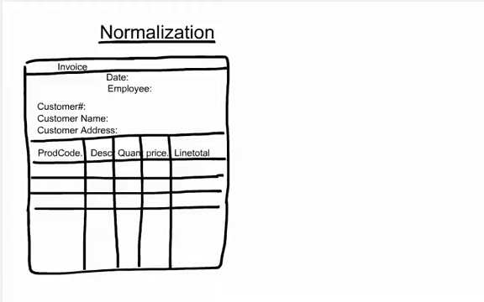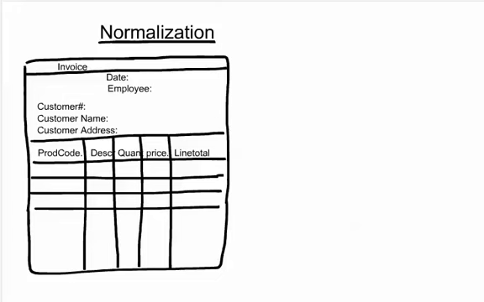So the first step of normalization is to look at either your source document or your table that you get asked to normalize. Now, if we look at this invoice, our first step always will be to just write down all the attributes of that source document.